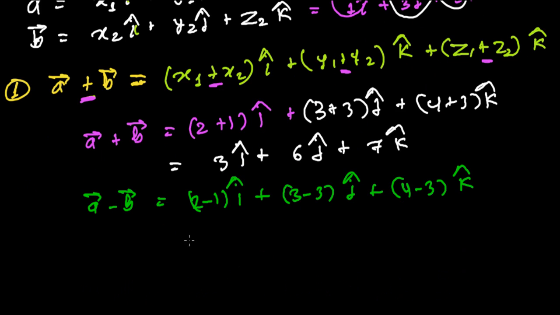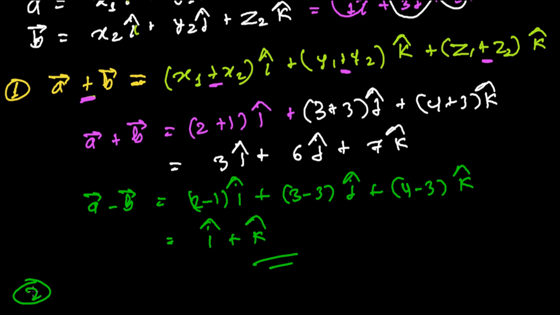So the final result will be 1 i, you don't have to write 1 for that, i cap plus 0 j cap, so no need to write that, and here is 4 minus 3, that is k cap. Since this is 0 times j cap, you don't have to write that. Leave it, that's your answer.